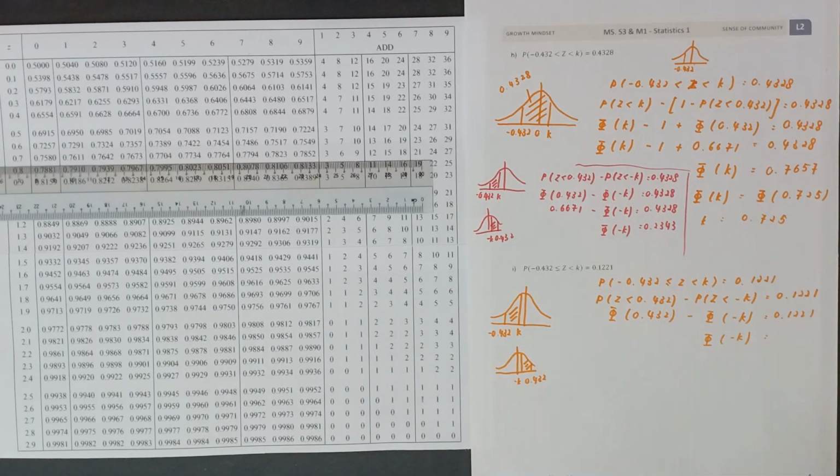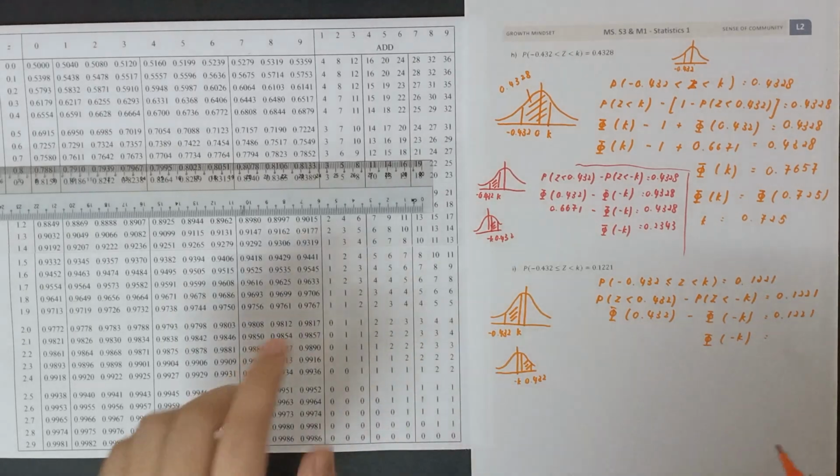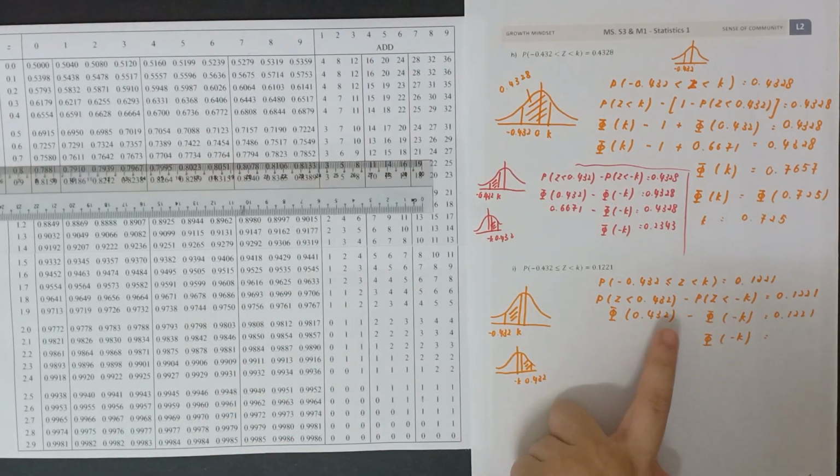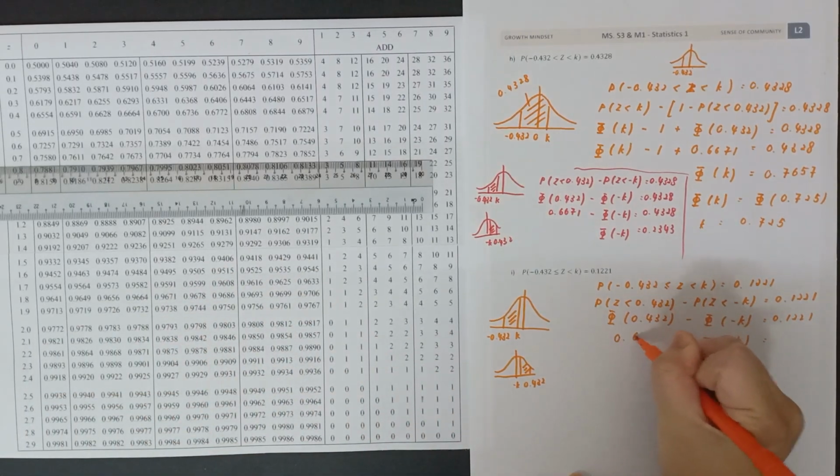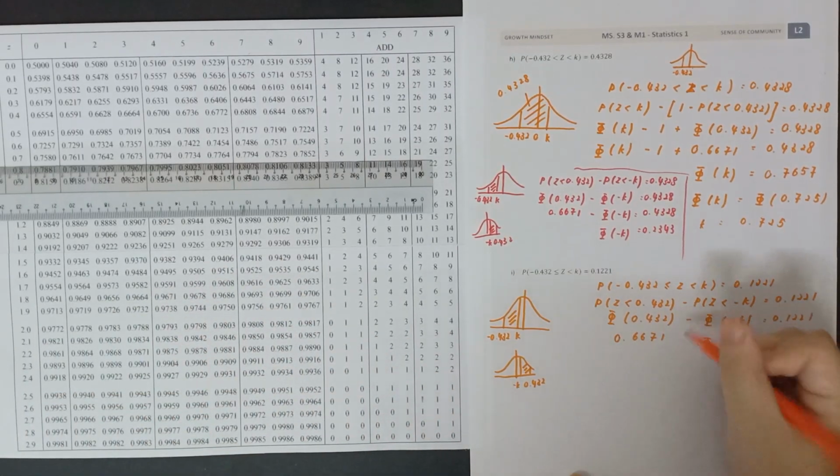Okay, so when I try to minus it, I'll get 0.432 and then minus 0.1221, which will give me 0.398. Sorry, I forgot to write it here, a careless mistake. Find 0.432 in your table. I forgot this one, so 0.6671. Okay, minus, then you get this.